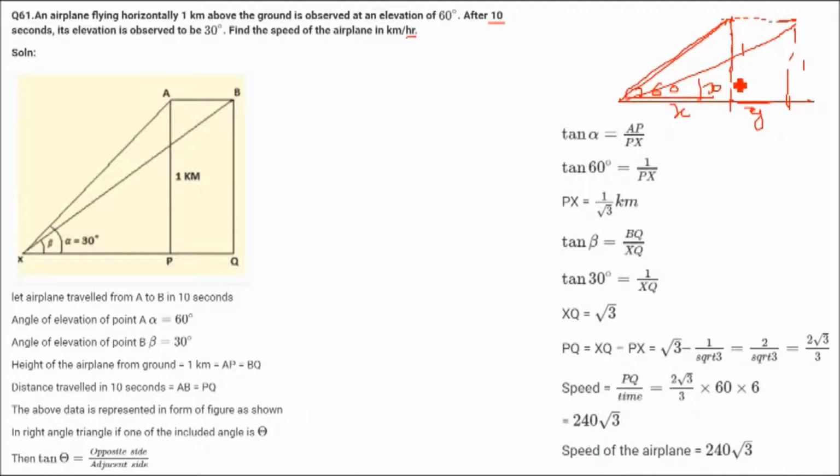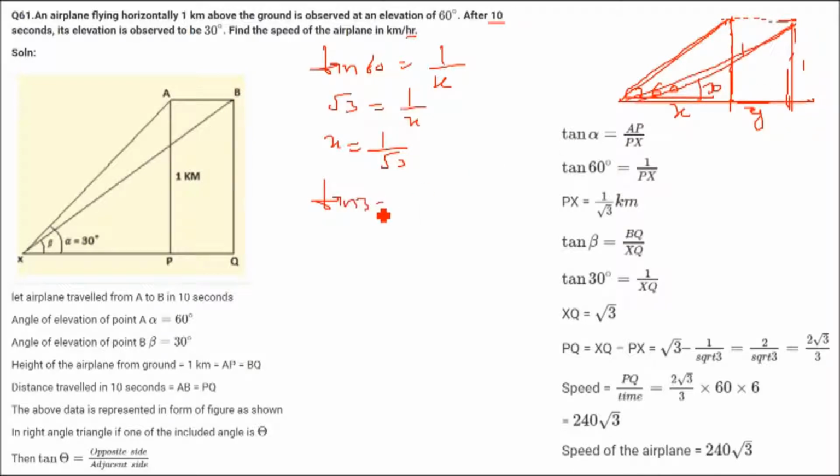So first let us take this triangle 60 degree. Okay. So tan 60 degree is perpendicular by base, 1 kilometer by base x. Tan 60 is what? Root 3 equals 1 by x. So x is 1 by root 3. This we got x. Now coming to the bigger triangle, this one. So tan 30 is perpendicular by base.